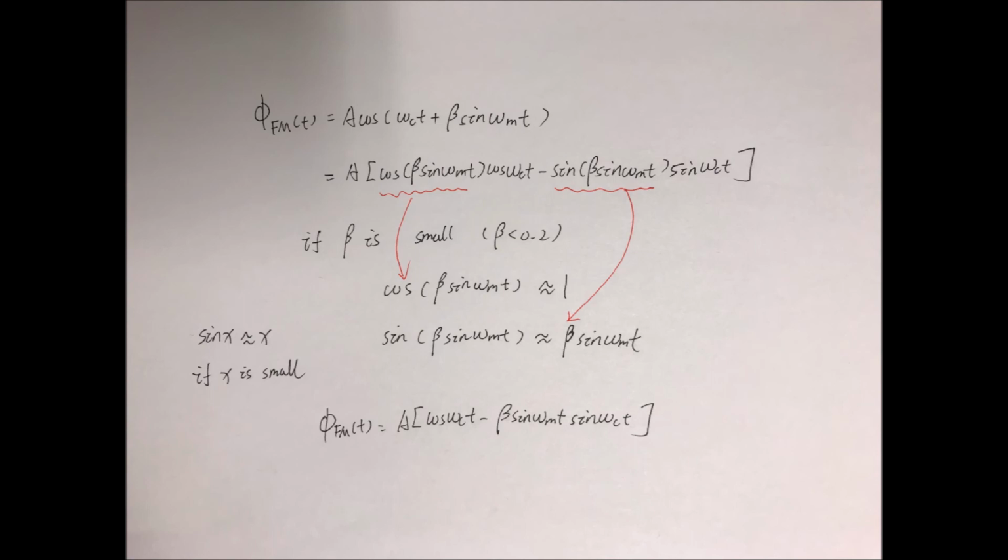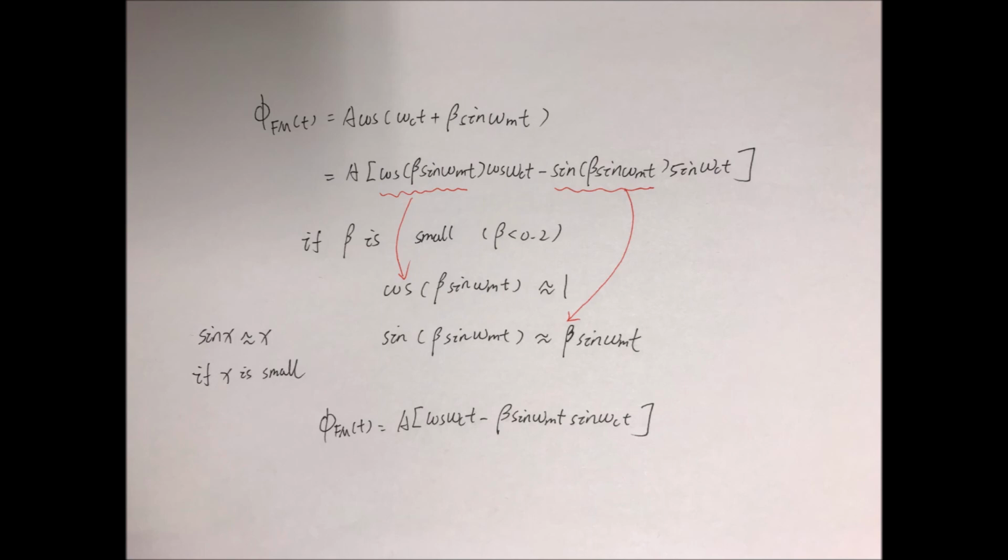This is my first term, right? The second term: sine of a very small number. So we have sine x. If x is very small, sine x is close to the phase angle you have.